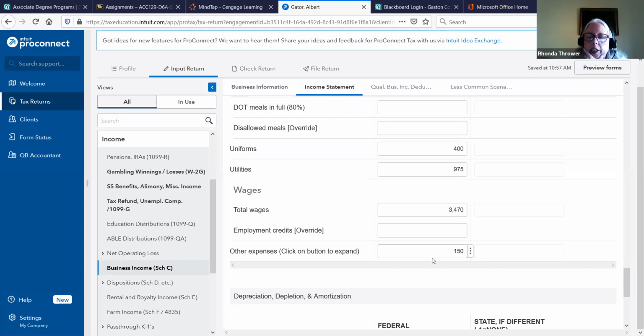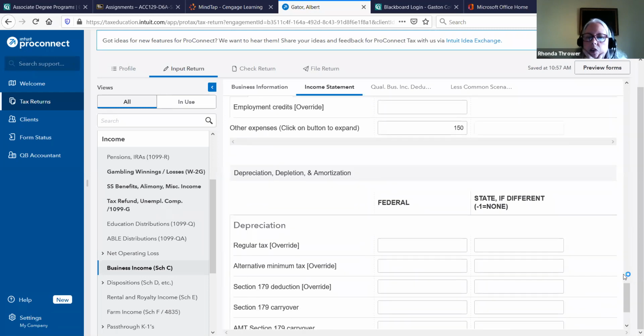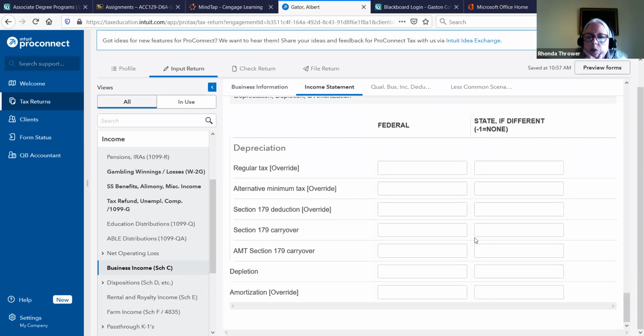Remember, manually, you could have entered this on the C form under other expenses, and you would have written out what that 150 was for. And they didn't tell us about any depreciation or amortization. We may cover that in a later chapter.